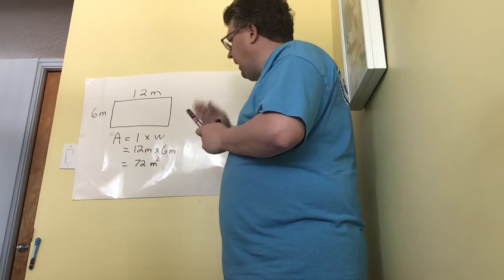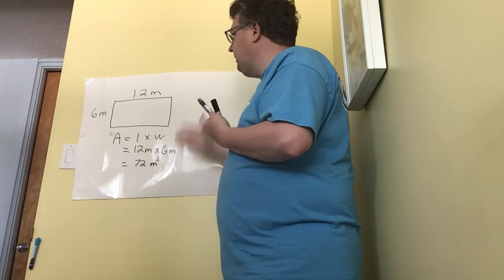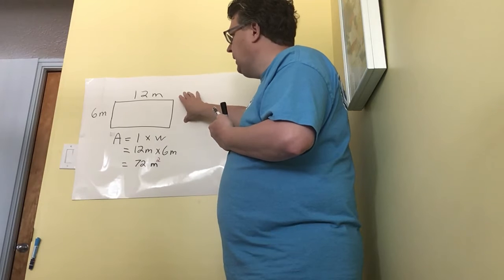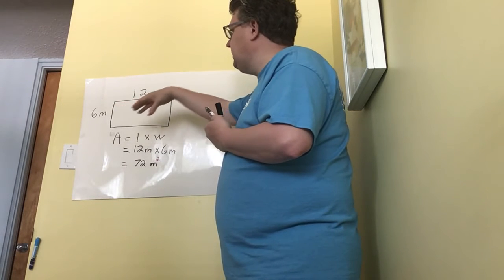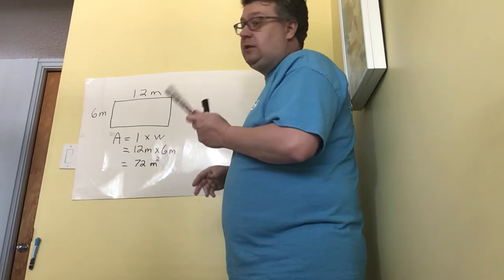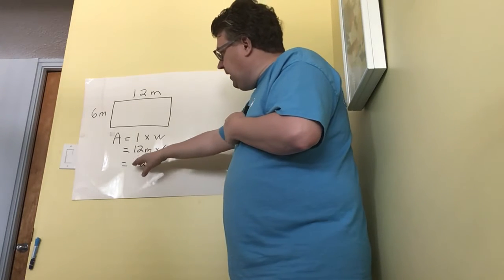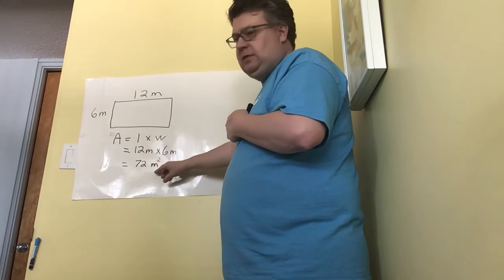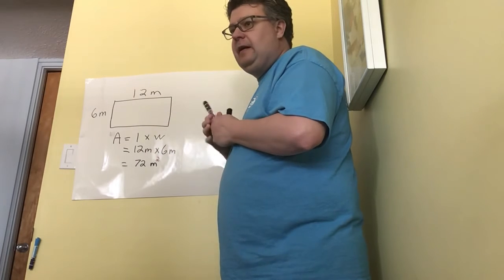So say I wanted to buy a carpet for my room, and my room dimensions were 6 meters by 12 meters. That's a huge room. And I get 72 meters. All right?